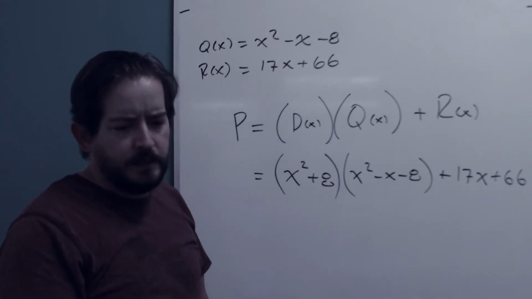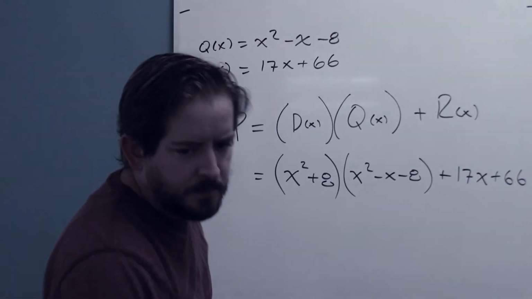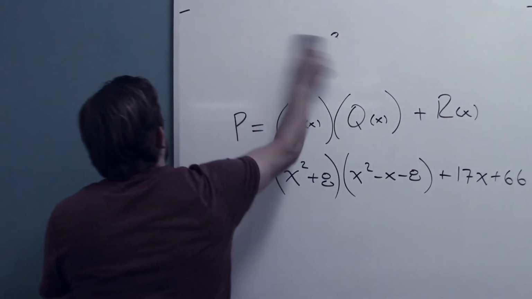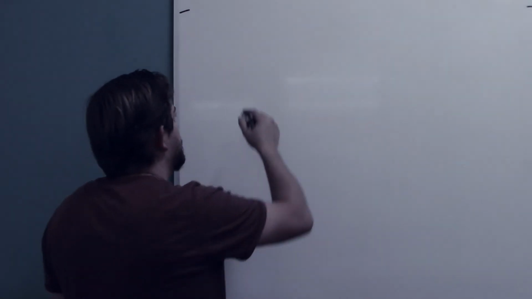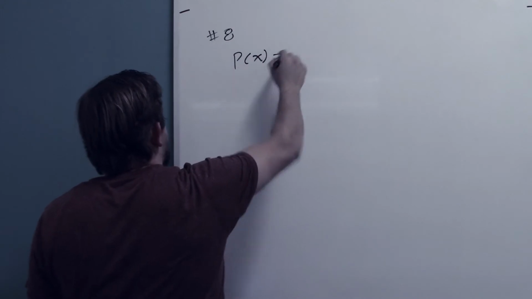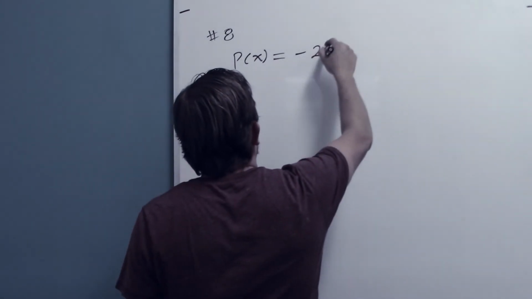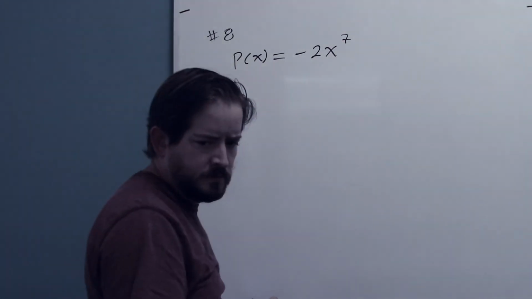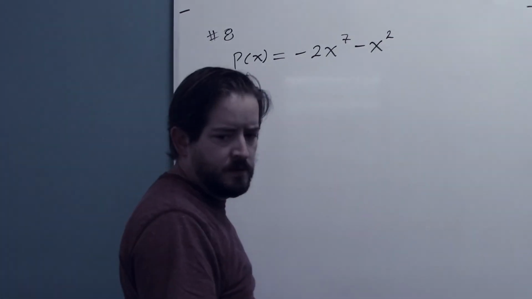All right, let's look at number 8. Number 8 says, use synthetic division and the remainder theorem to evaluate P of c, where P of x equals negative 2x to the 7th minus x squared minus 2.